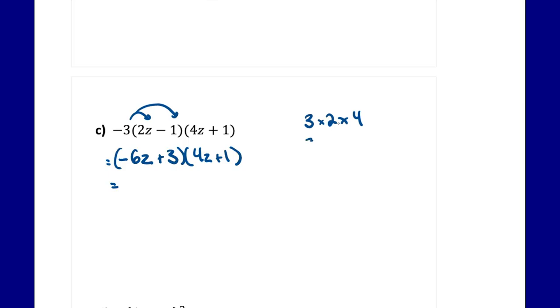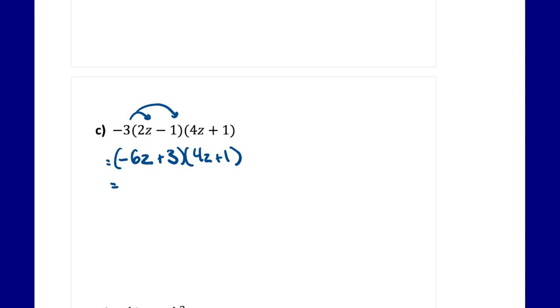I do 3 times 2 to get an answer, which is 6, and then I multiply that answer by 4 and get 24. Similar idea here. We multiply these two together to get negative 6z plus 3, and then I take that and multiply it by the next bracket. Just some things to think about. I only mention it because I've seen that kind of mistake come up before.